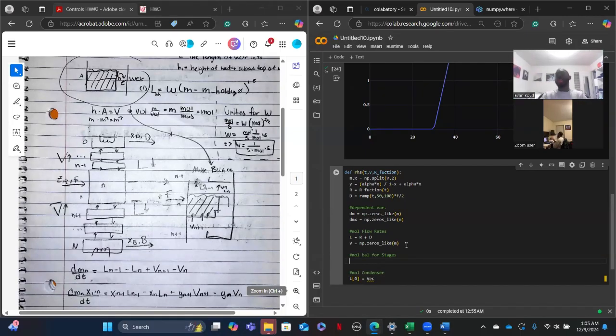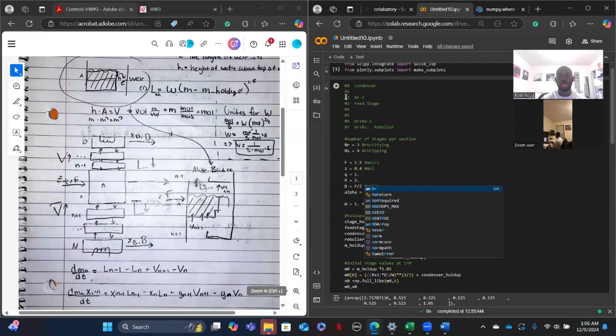So our rectifying stages really just are our vapor in between stage one and then two, and so on, from one to NR. We know NR is three, so it'll be from one, two, three.